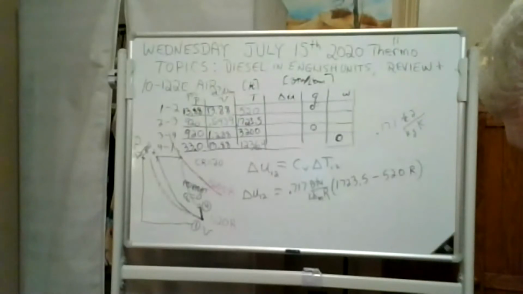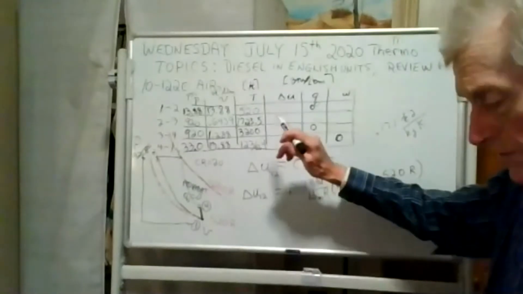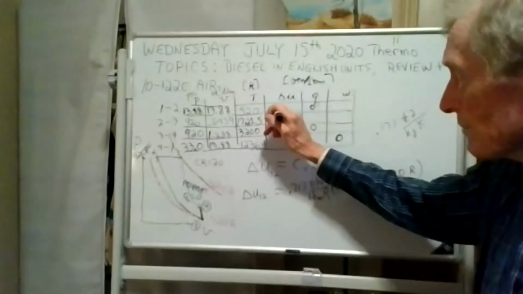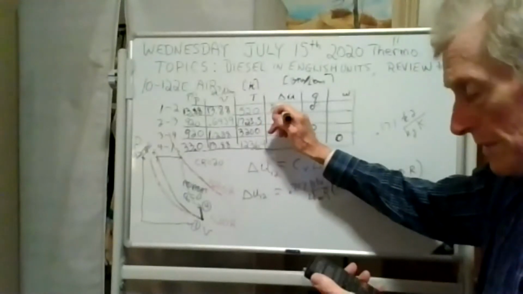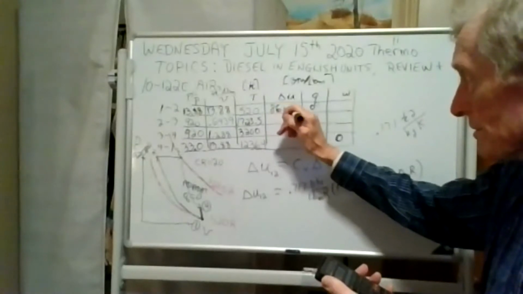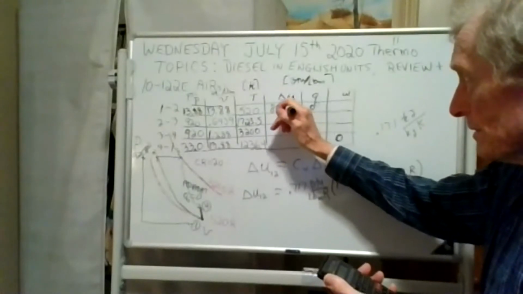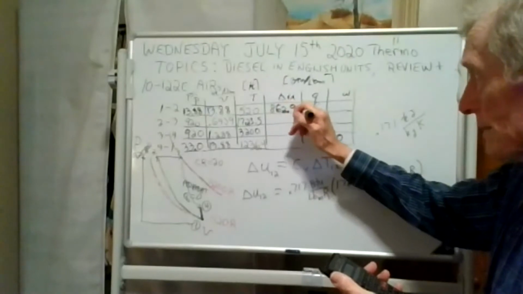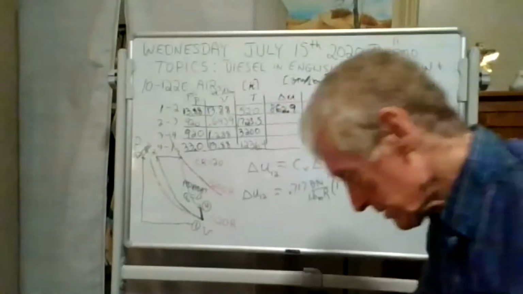All right, I'm going to do that. Here goes. Well, I got an answer. I don't know. This is what I got. I'm getting 862.9 BTUs per pound mass.